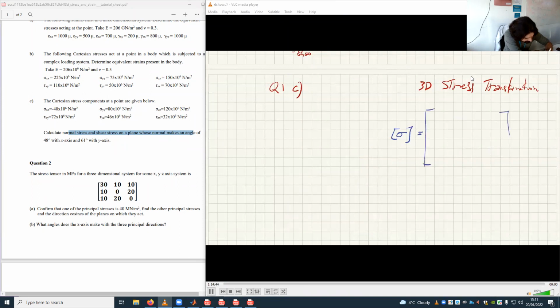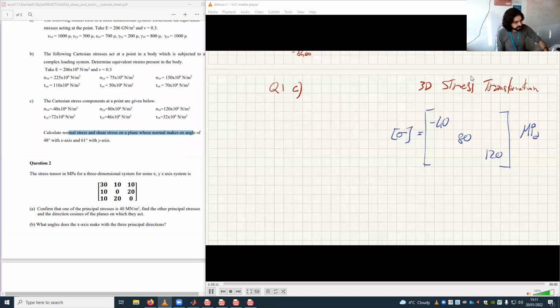So the diagonal elements are minus 40. So this is minus 40 times 10 to the power of 6 newtons per meter square, so it's minus 40 megapascals. Let's say everything here is in megapascals, so we deal with better numbers. So this is minus 40. The second diagonal element is 80. The third diagonal element is 120.